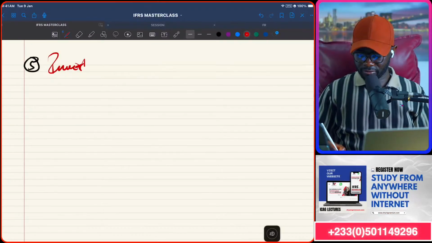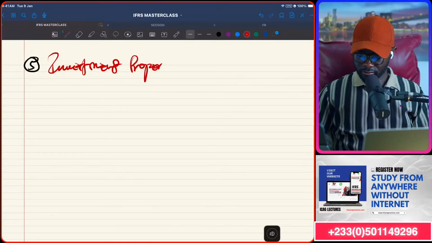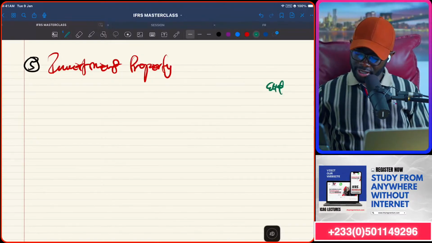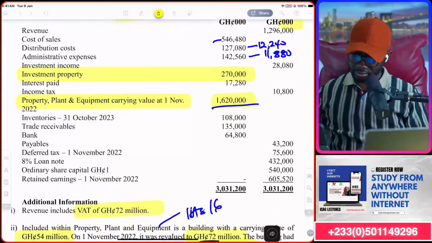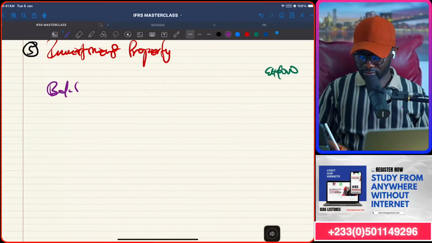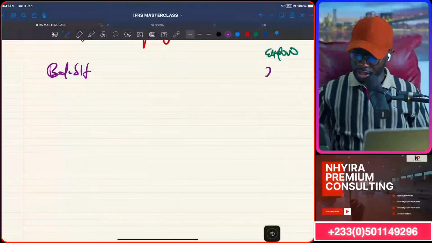Investment property. So we bring in the opening figure. So it means what is in the trial balance is the opening figure. So balance brought forward, 270,000.